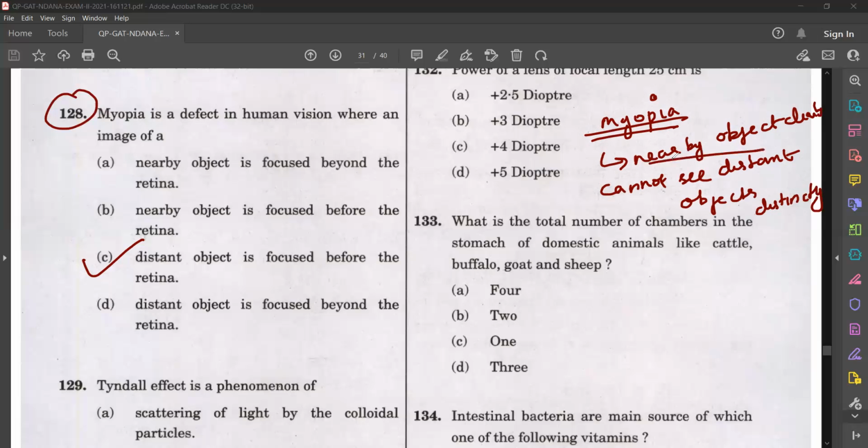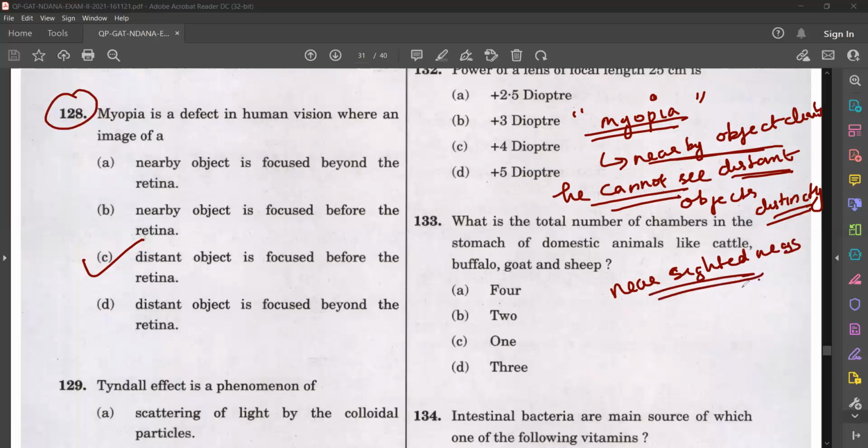The person will be able to see the nearby objects clearly, but he cannot see distant objects distinctly or clearly. That defect of vision is known as myopia. We'll call it nearsightedness, isn't it? That means he can see near objects clearly, but he cannot see far away objects clearly. Okay, so that is myopia.